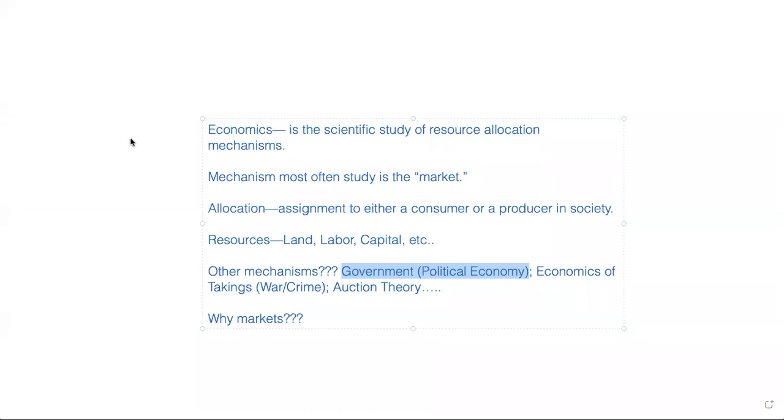So people have talked about freedom as being helpful in some way to people generally in the past. But really, the reason we focus on markets, especially in the United States, is because they're the most common form of allocation mechanism. You see what I mean?